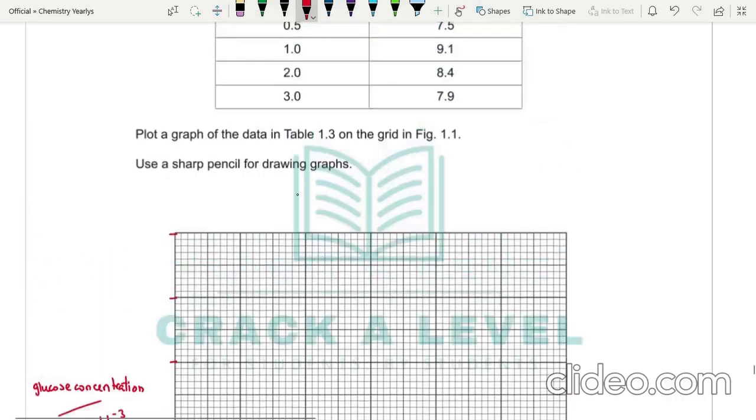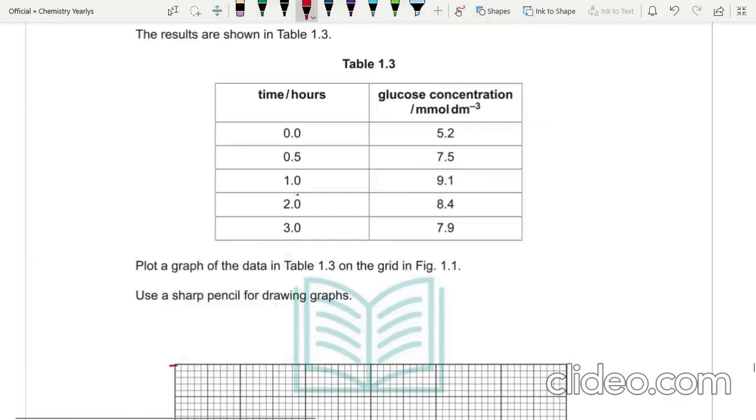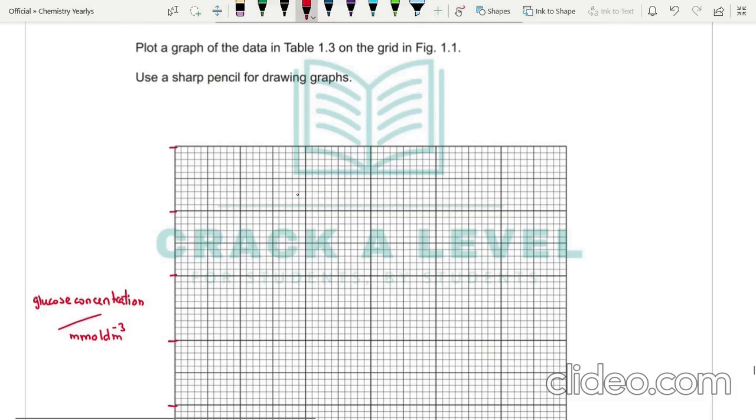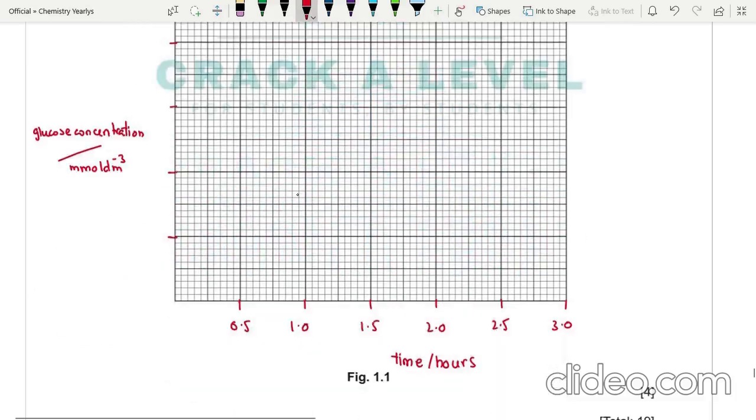So let's divide the highest value. We can also use a break to break the graph. We can start from 5 and use the highest value as 10. So 5 divided by 5, we could use 1 as a single unit on one box.